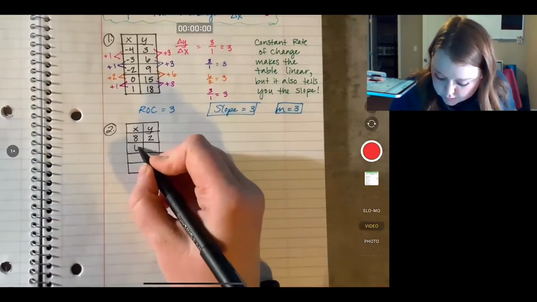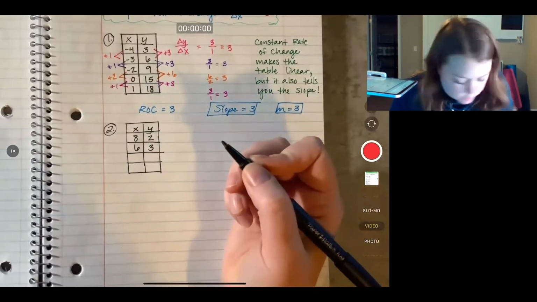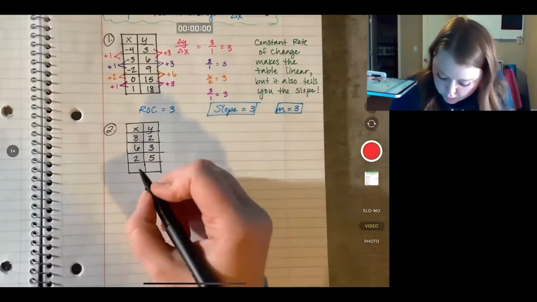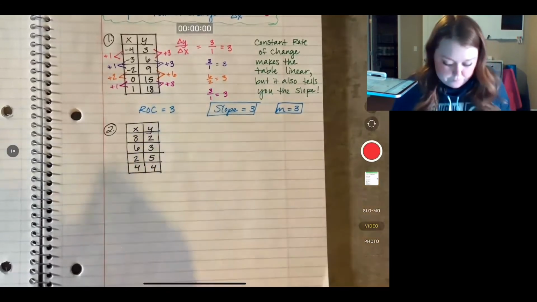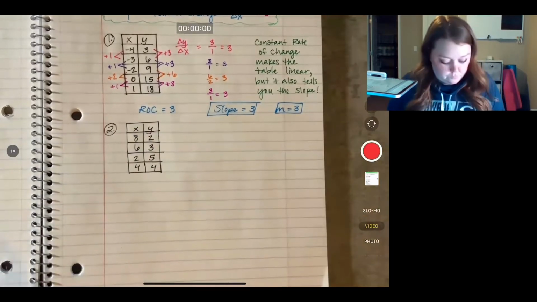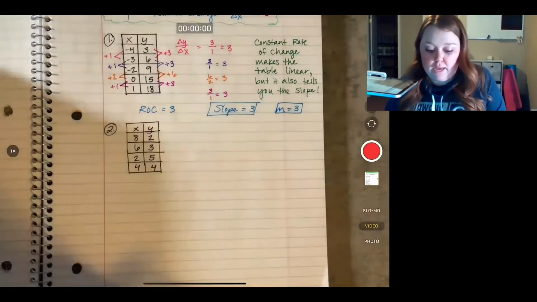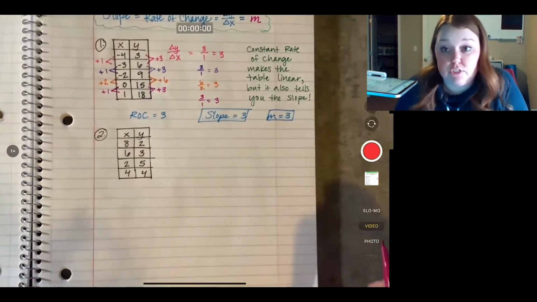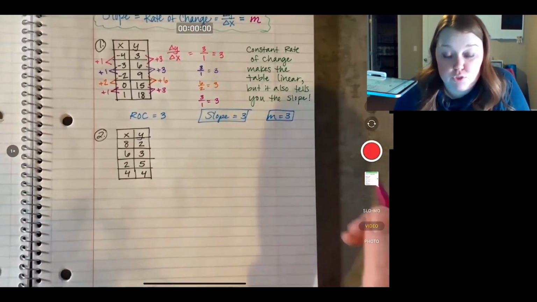Next is 6, 3. 2, 5. And 4, 4. Go ahead, try that out. Find the slope. You're looking for change in y over change in x. Push play when you're ready to correct.